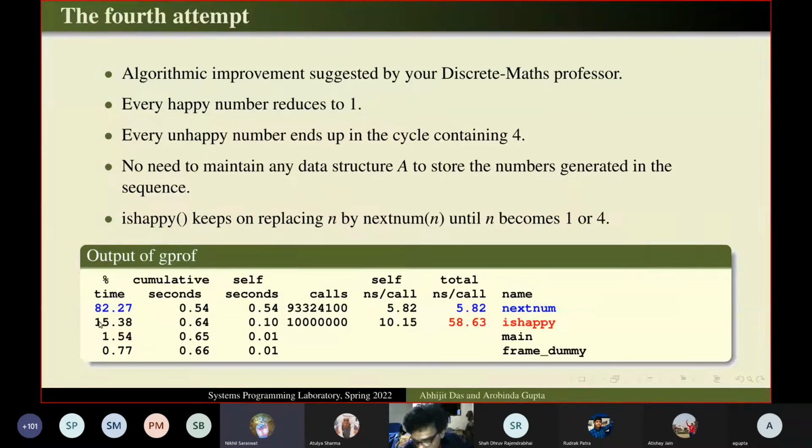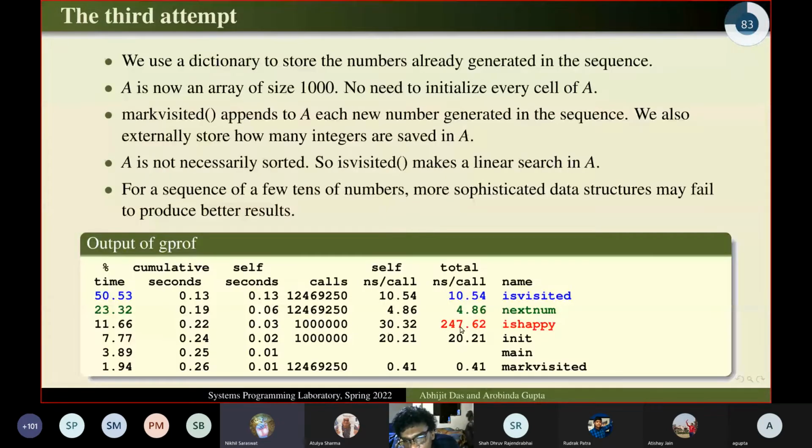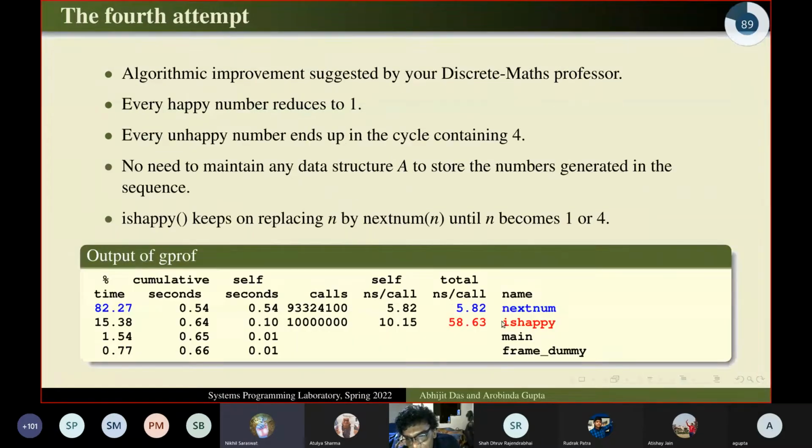More importantly, what was the previous thing? 247 nanosecond, about 250 nanosecond per call. Now it has become something like 60 nanoseconds per call. So we started with something in the level of microseconds, and now we are just 60 nanoseconds per call.